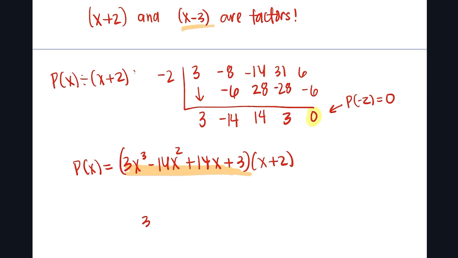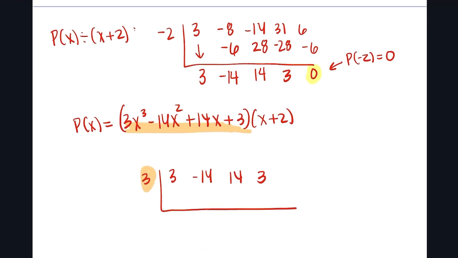So I'll have my 3, and then 3, negative 14, 14, 3. Repeat the process. Bring down the 3. Multiply and add. Multiply and add. Multiply and add.